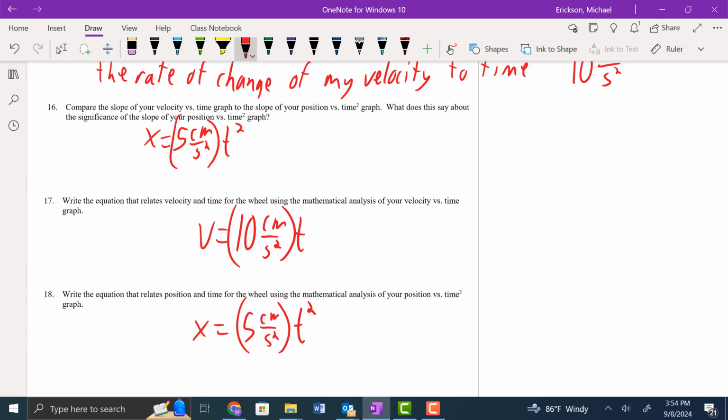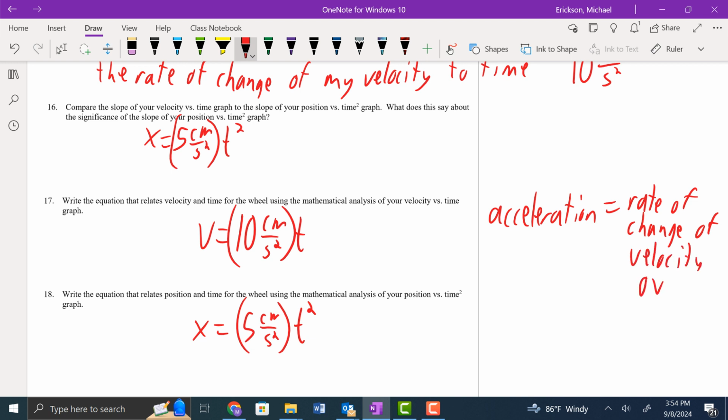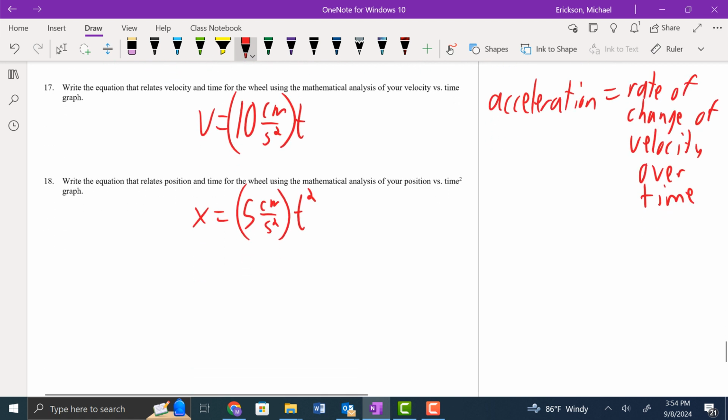And this is where I'm going to introduce the theme of this unit, acceleration. Acceleration is the rate of change of velocity over time. And I'll actually give a definition for velocity again down here just so we can compare it.